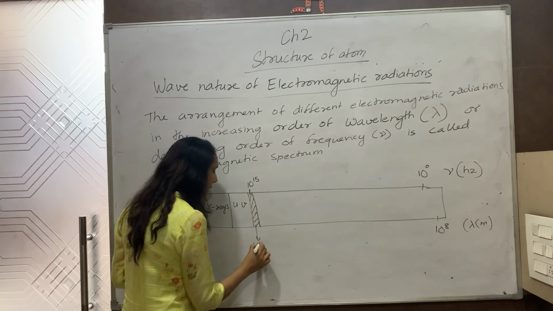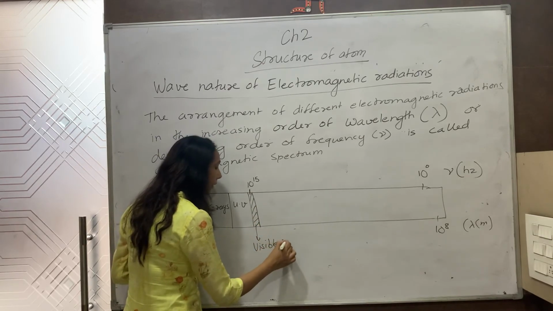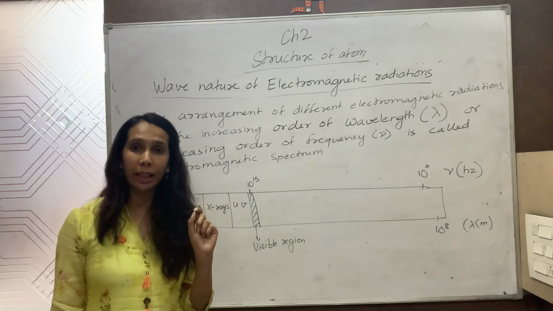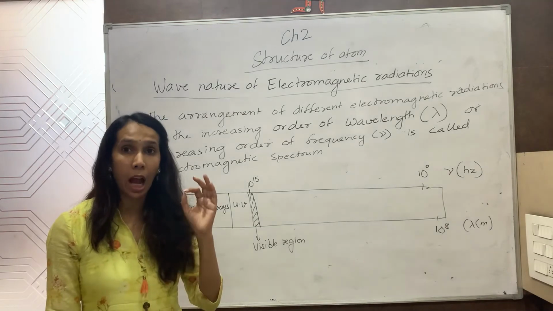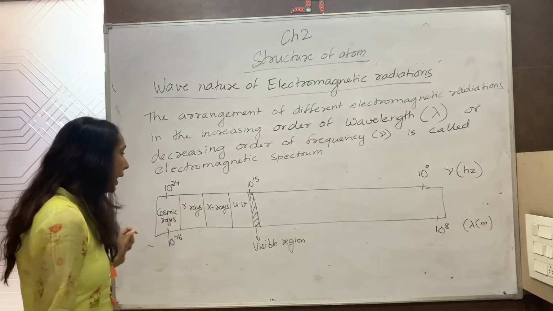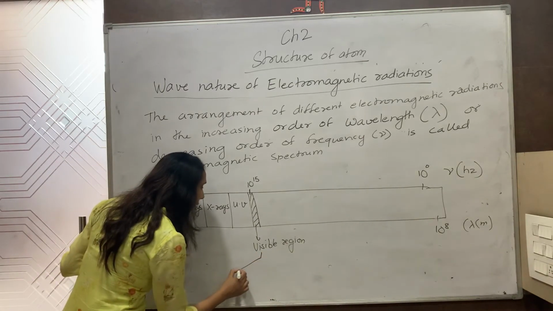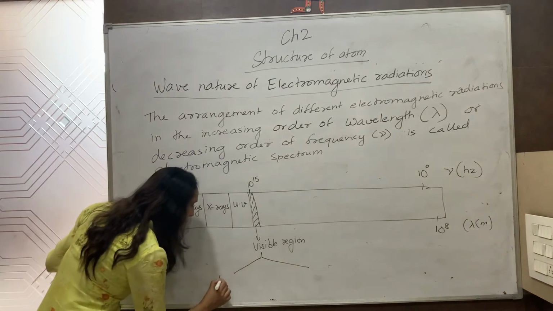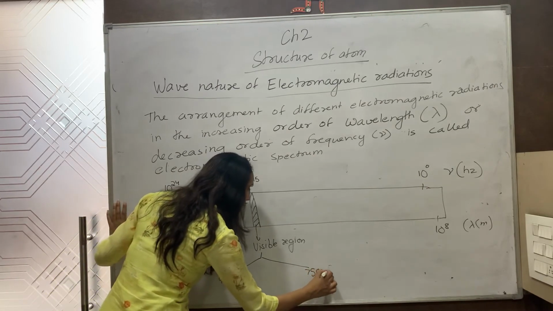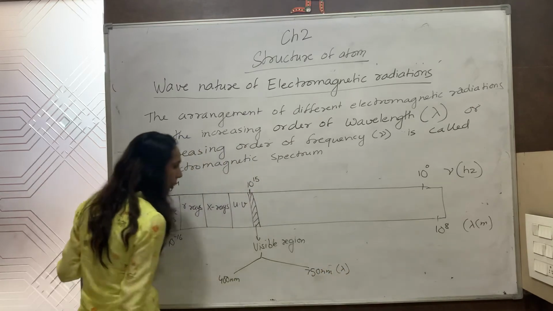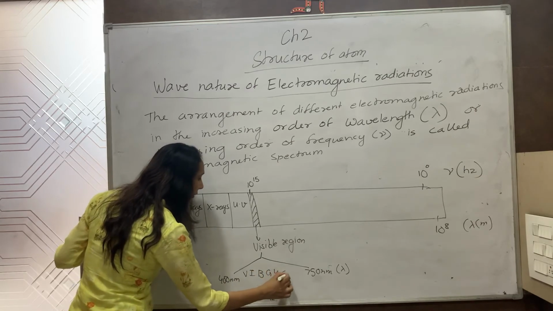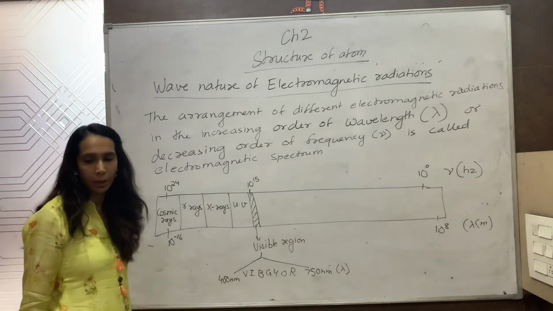The visible region is the only part of the electromagnetic spectrum that we can see with our eyes, and that's why it is called the visible region. It varies from 400 nanometer to 750 nanometer in wavelength, and it consists of the 7 colors that you know, that is VIBGYOR.